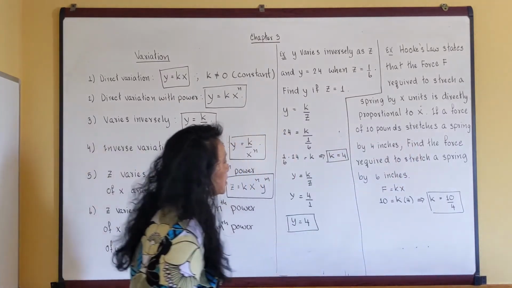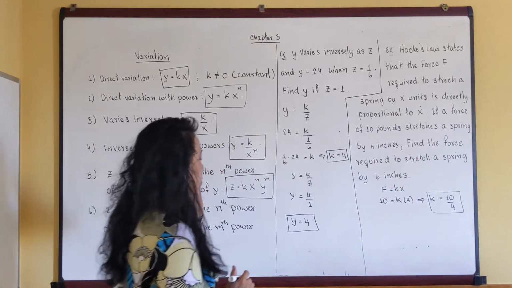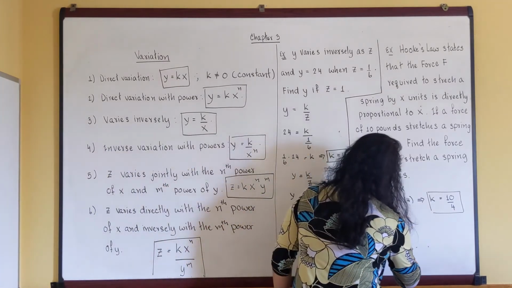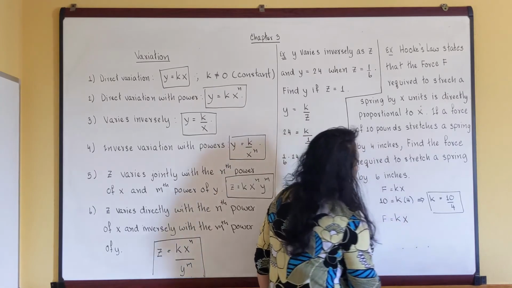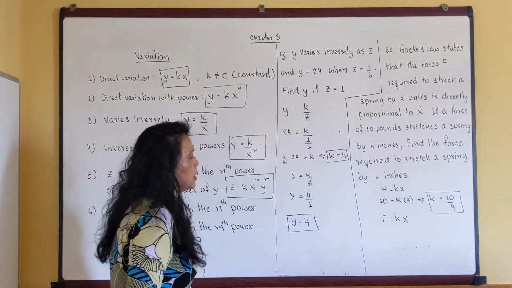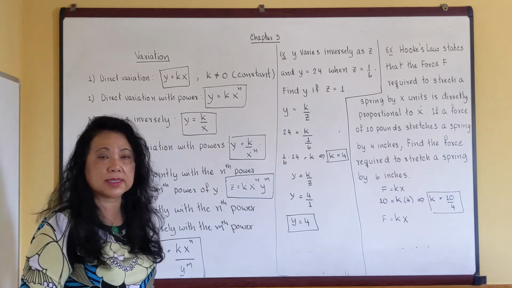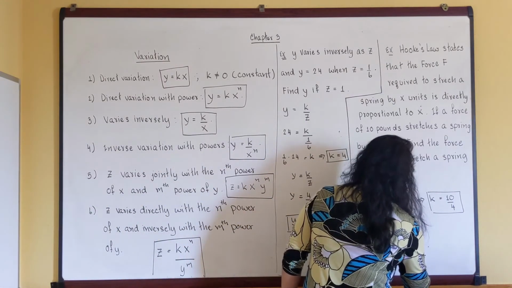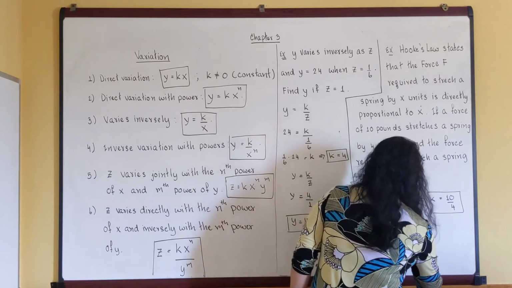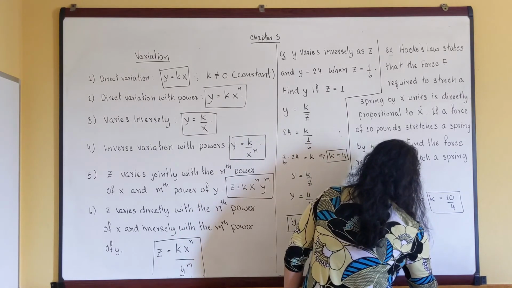Next it said that find the force. So we need to find the force. Let me write the formula again. F is equal to kx. We want to find the force required to stretch a spring by 6 inches. So we need to find the F. But we know the constant is 10 over 4.